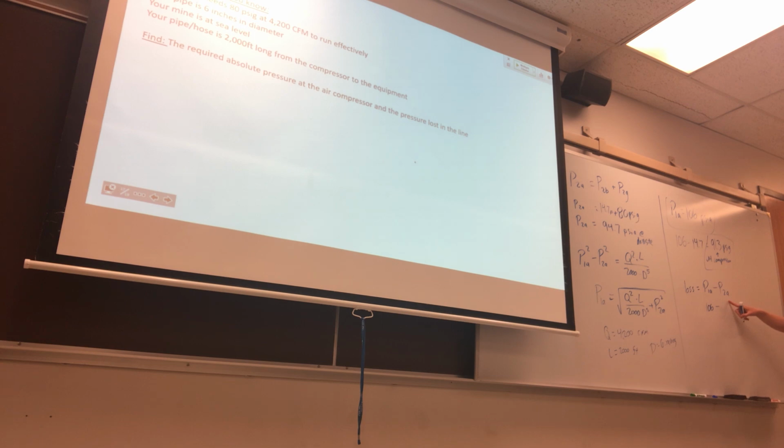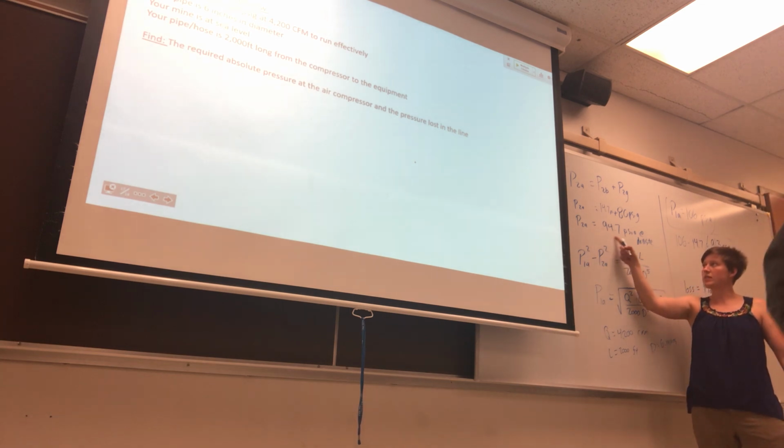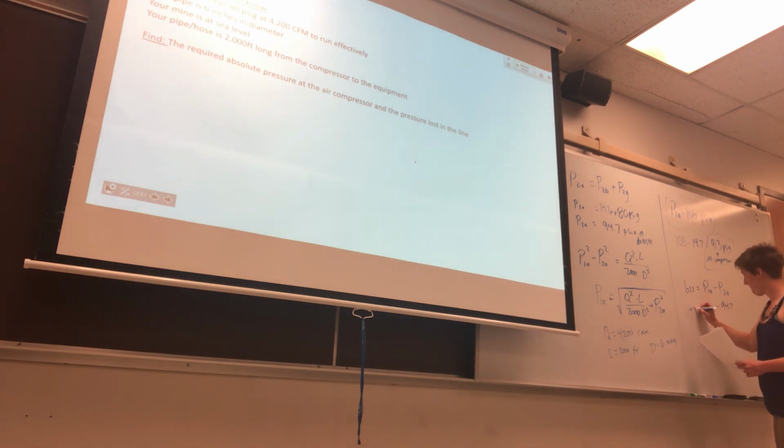And then the pressure that we needed at the equipment in absolute is 94.7. And we get, what is this, 11.3? Yeah, that's what we got. That would be in PSI. That's our loss there.